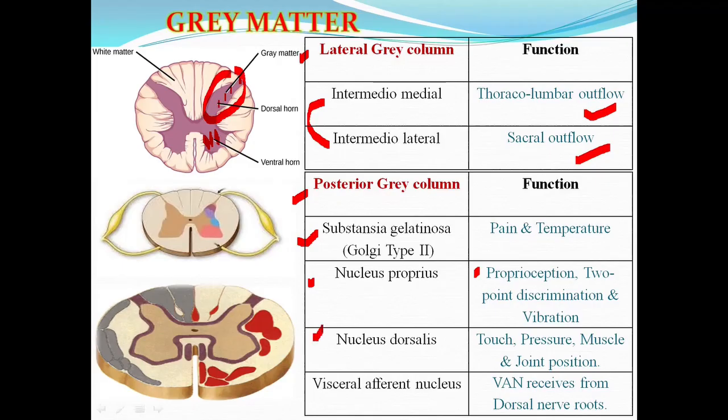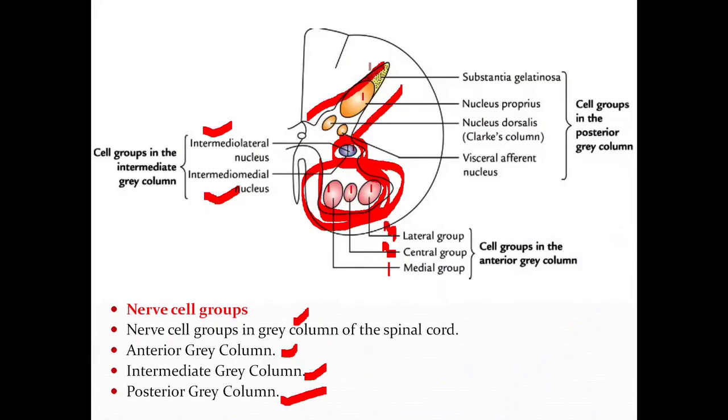Nucleus dorsalis is the third nucleus, which carries your touch, pressure, and muscle joint positions. And the visceral afferent nucleus receives the dorsal nerves. This is what you will be observing at all these levels: substantia gelatinosa, nucleus proprius, nucleus dorsalis, otherwise also called Clark's column, and the visceral afferent nucleus.